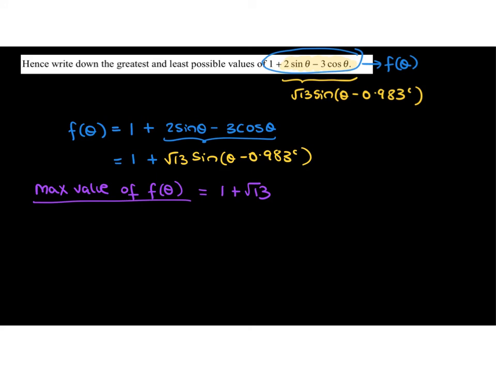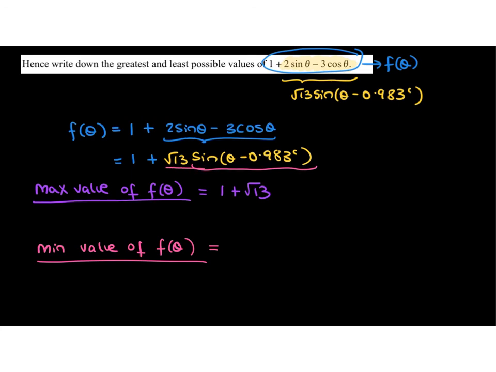Now, what about the minimum value of f of theta? Well, that will occur when the sine part, so specifically this part here, takes a value of negative 1. So this overall takes a value of negative root 13. So f of theta's minimum value is 1 minus root 13.